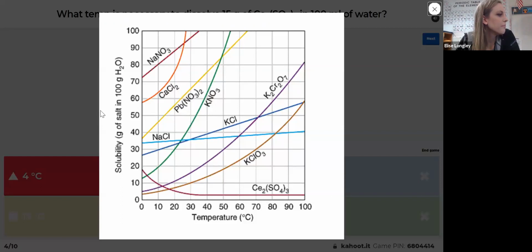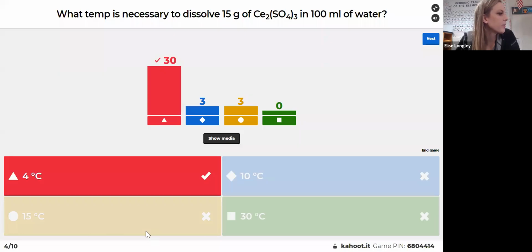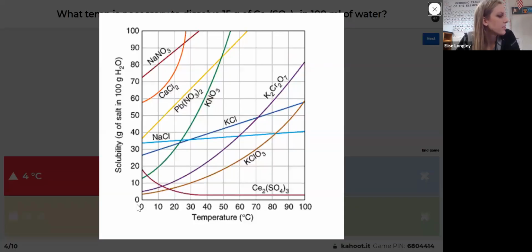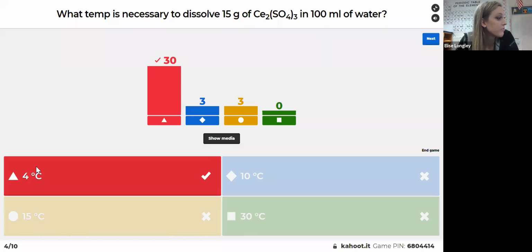So we're looking at the minimum necessary to dissolve 15 grams. We go to 15 grams on this axis, find cesium sulfate and see that it is just under halfway to 10, which would put it between 3 and 5. And we see a 4 degrees here. So that's the one that makes sense. Everything else would be too big.